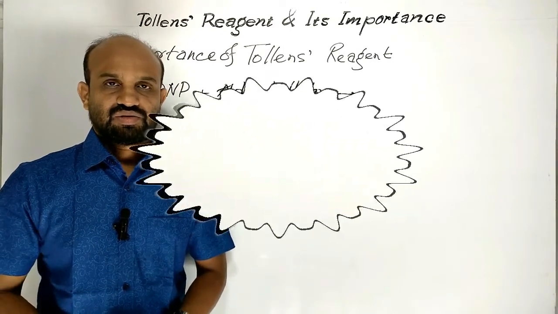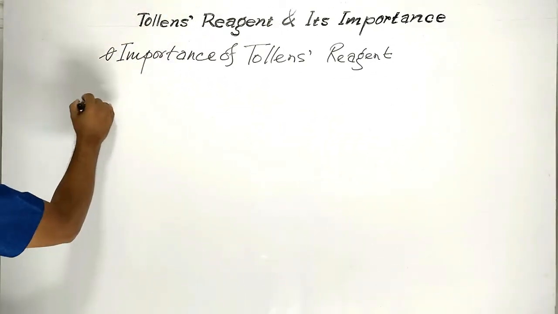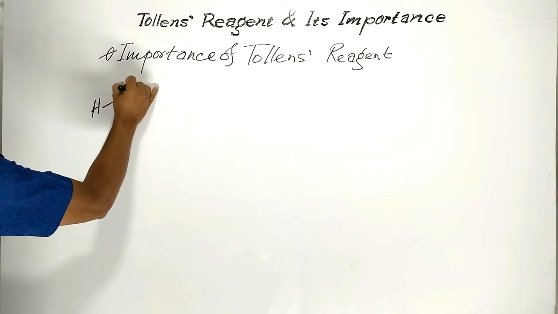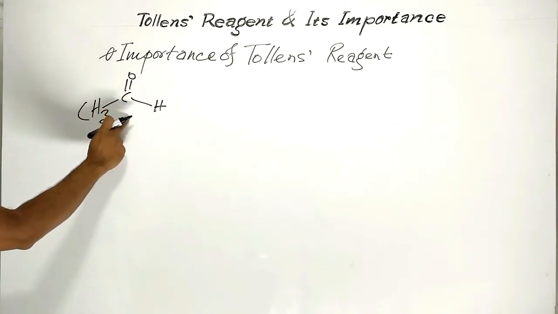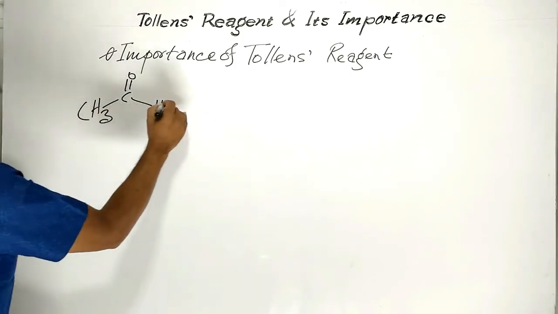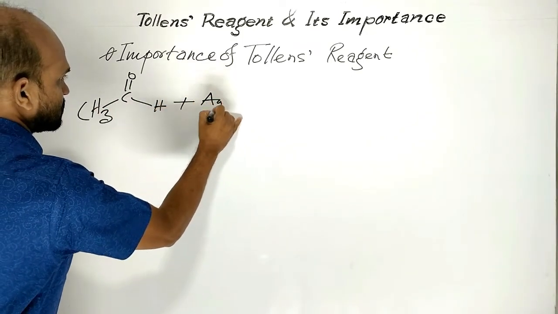Let's see the reactions. Aldehydes, suppose this one, ethanal. This is treated with Tollens reagent.